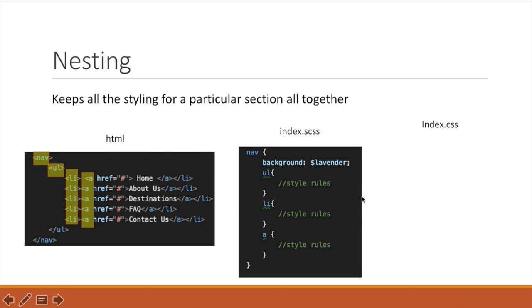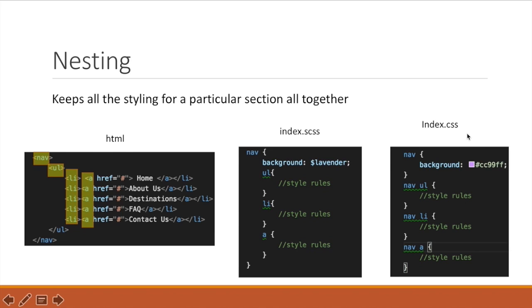So then when this translates into index.css, as you can see, it has 4 little sections that can be separated. Things can get in between them, and it's hard to keep them all together. Whereas in Sass, it's in one nice block. Everything in this thing is all about the navigation.